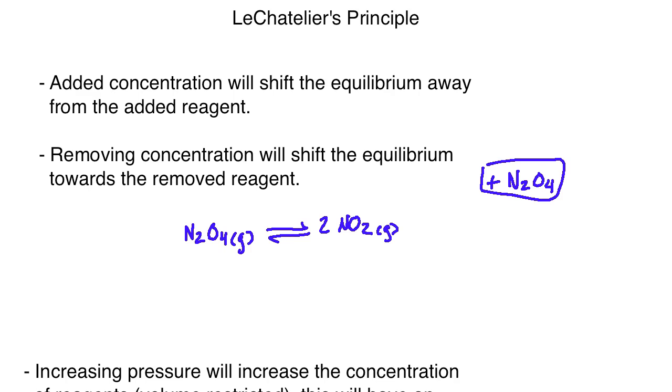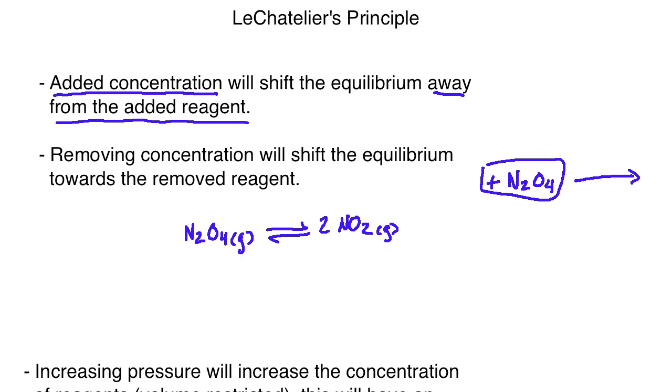It now has too much of the N2O4. So what does that do? It drives the reaction forward in this case. So look at what we just said. An added concentration will shift the equilibrium away from the added reagent. So I added N2O4, and therefore I'm going to shift this away from the N2O4 and drive it towards the NO2.